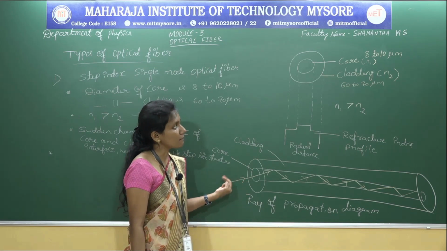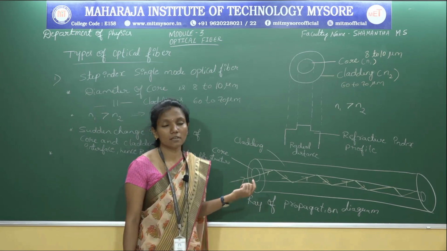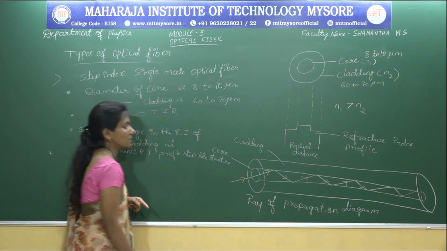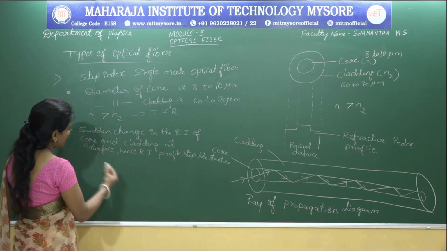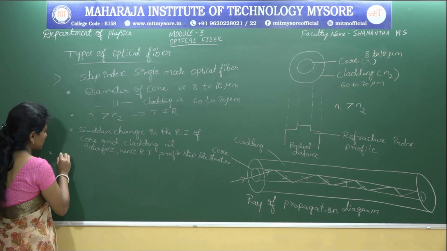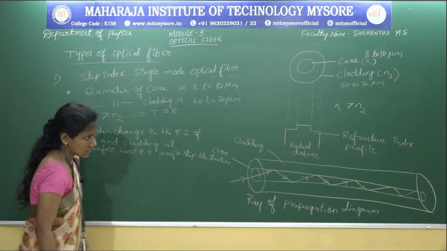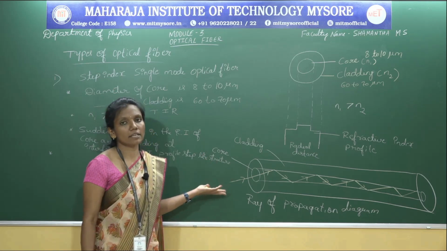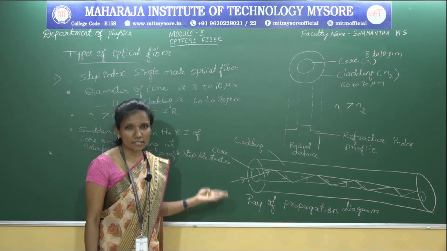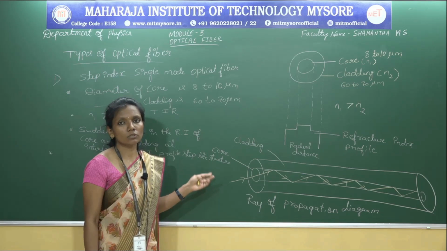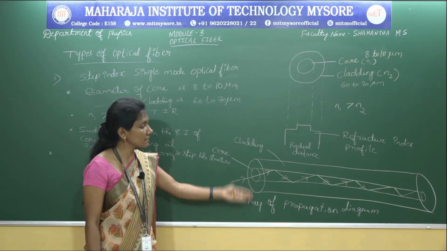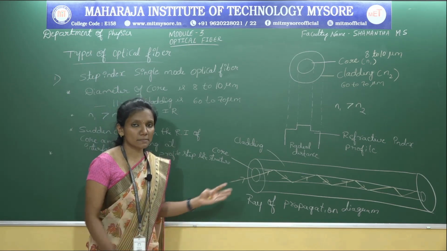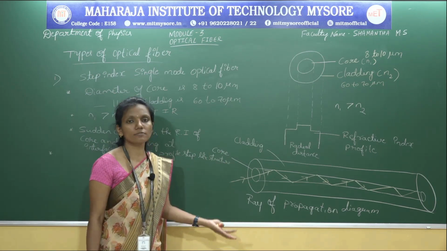Then what are the applications and the merits? The merit is that it is 80% in use, because we can transfer the light signal over a longer distance. It has a higher bandwidth, so there is no dispersion, since only one single ray of light signal is passing, and there is no loss of signal.